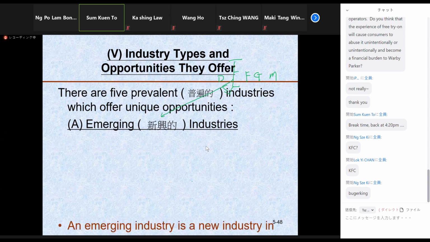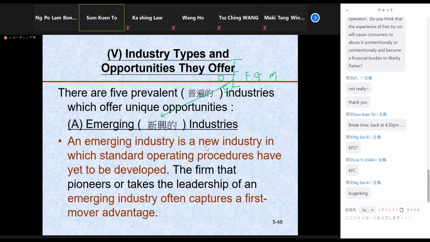As an emerging industry, it is a new one in Hong Kong, in a country they don't have before, and good, you are the first one in, you enjoy the first mover advantage. You are the pioneer, and this is good. You can earn big money because it's not yet developed, and you are the one to start this, so yes, you can earn the first bucket of gold. This is the emerging industry, E.